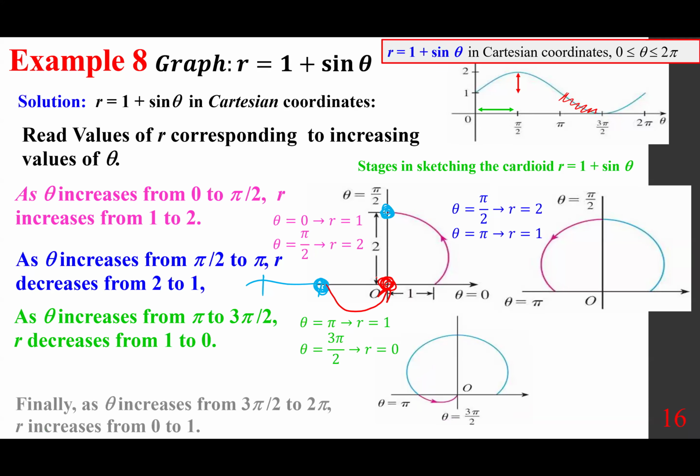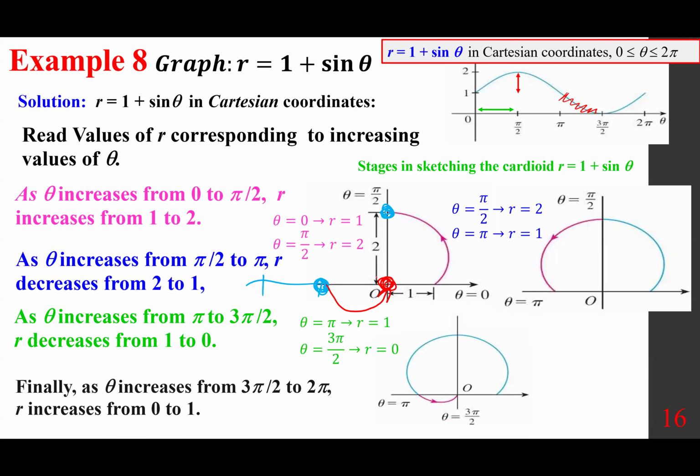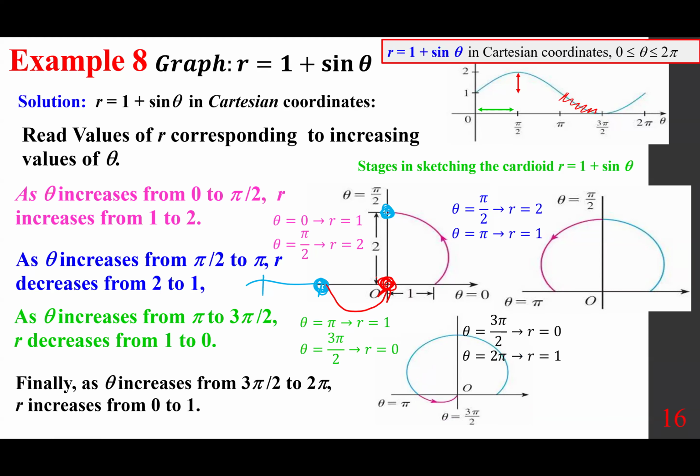Finally, as theta increases from 3 pi over 2 to 2 pi, r increases from 0 to 1. In other words, if theta is 3 pi over 2, r is 0.